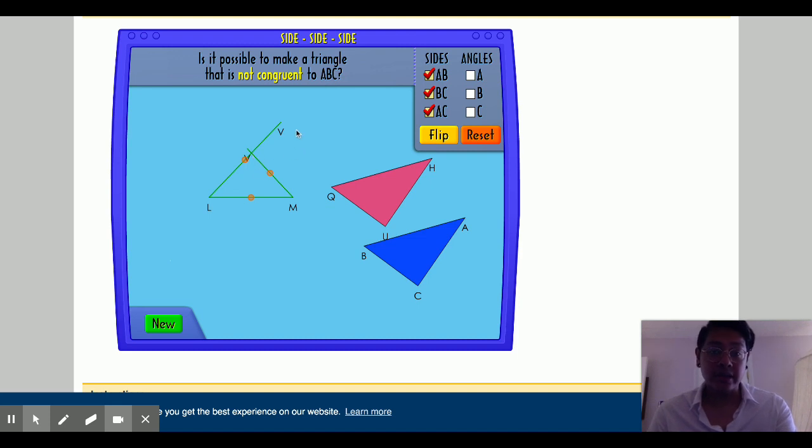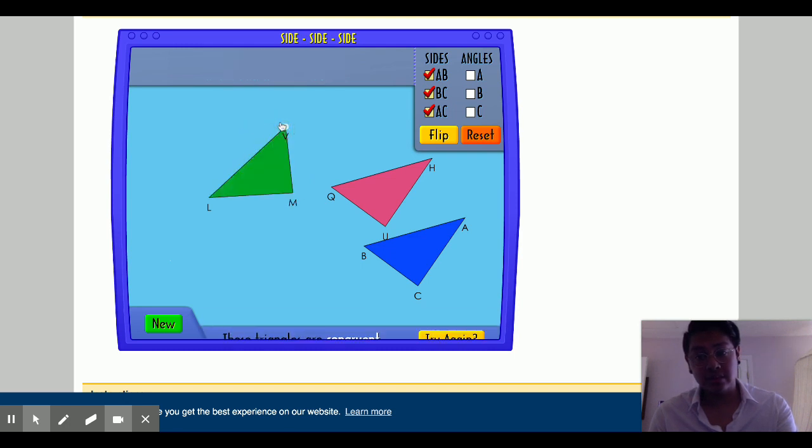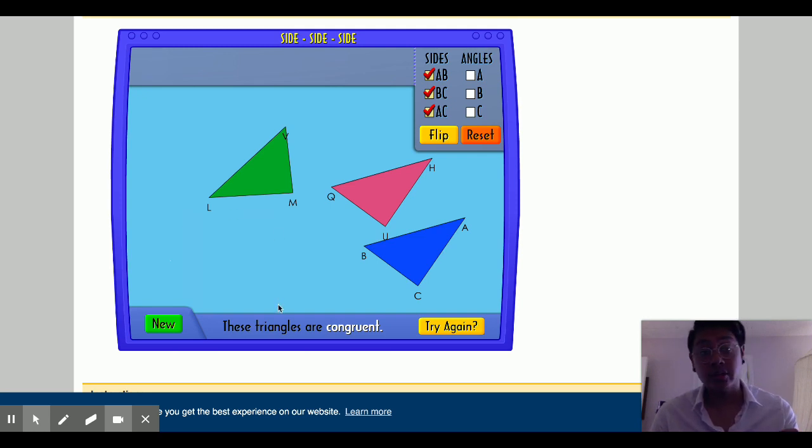Sure, I made a triangle here, but remember that all three sides are congruent to one another. So I need to make sure that these V's are actually touching. So once they do, it'll tell you whether or not you created a new triangle. But these triangles are congruent.